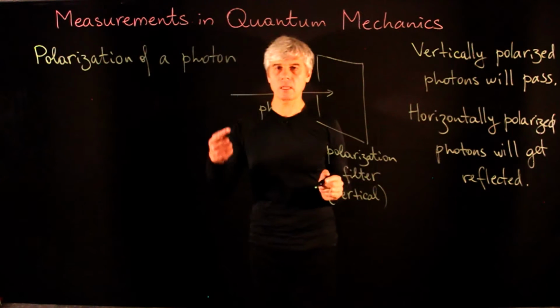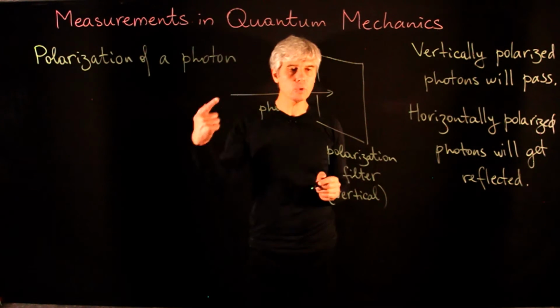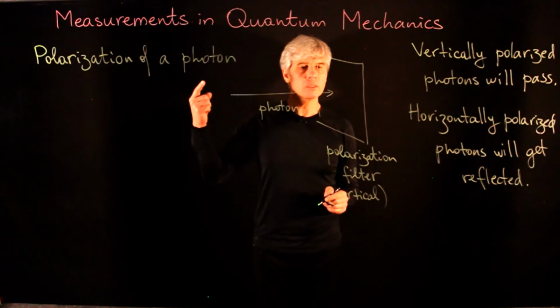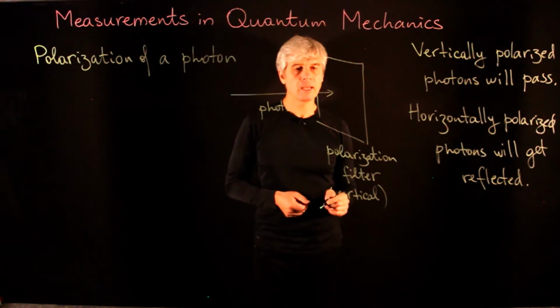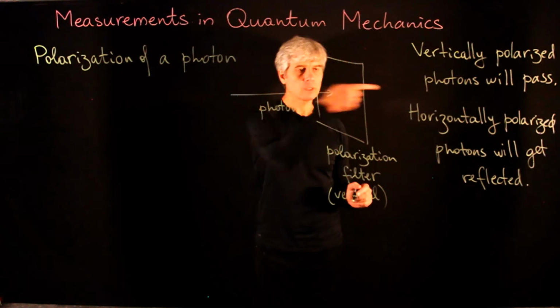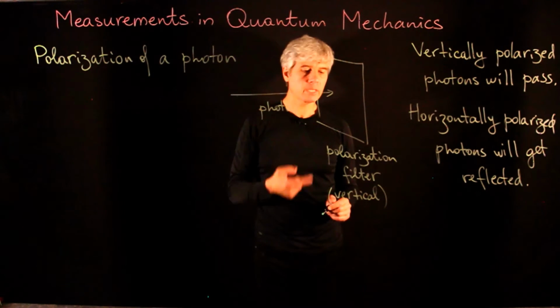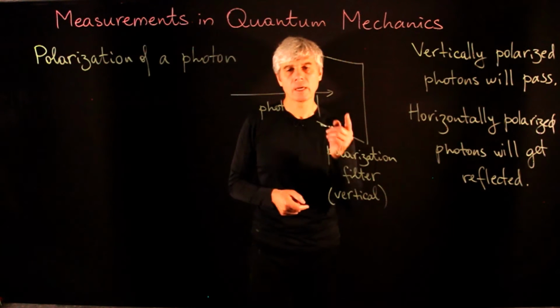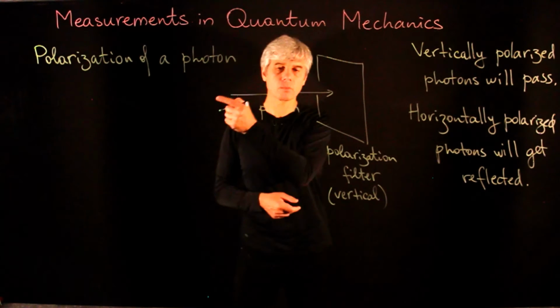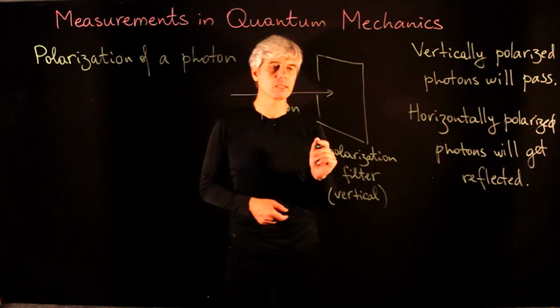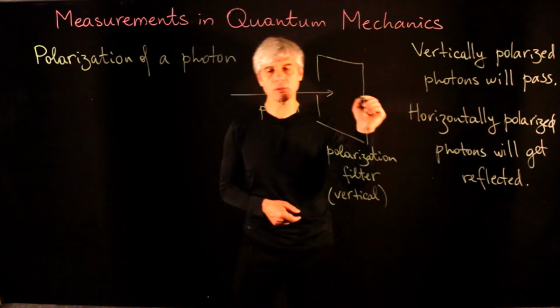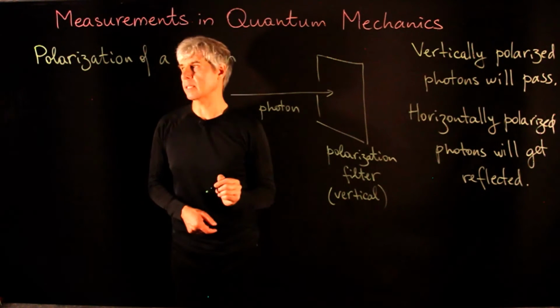So this means that if this photon has vertical polarization, then it will pass through this filter and will just continue on the same trajectory. And if this photon has horizontal polarization, then it will get reflected and will just fly back, right? So it will either pass through the filter or will get reflected.